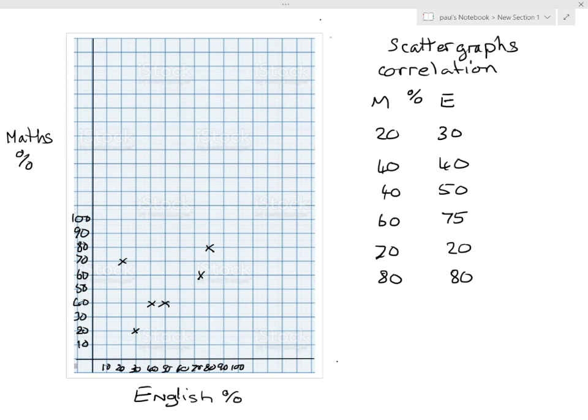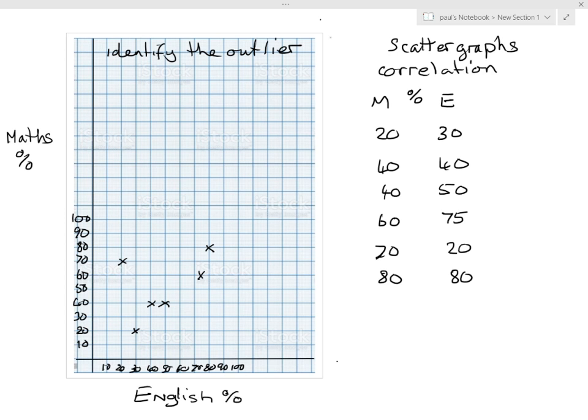And the first thing is, the question is, identify the outlier. Most of these are all together and they're trending upwards. They're all sort of together.